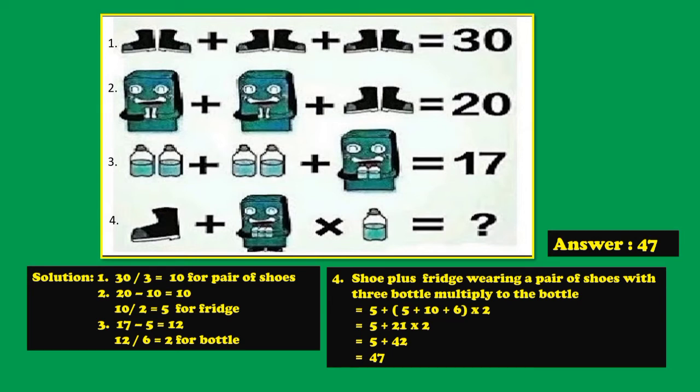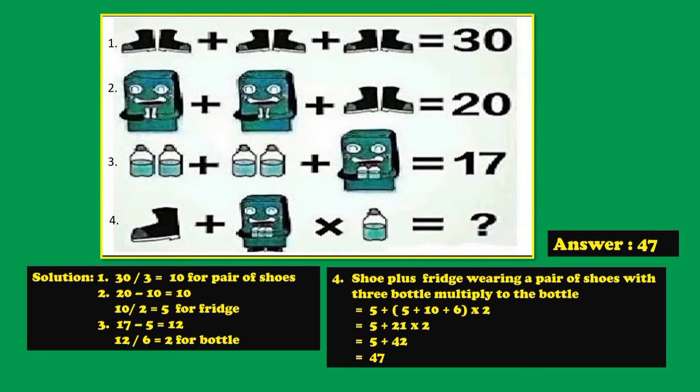So we come up with 5 plus 10 plus 6 multiplied by 2. Since it is the PEMDAS rule, manipulate first what is inside the parentheses, so 5 plus 10 plus 6 gives us 21. So copy the 5, and we have here 5 plus 21 times 2.